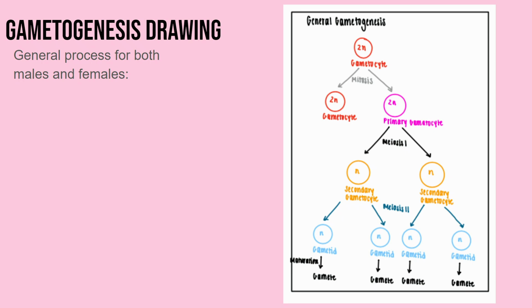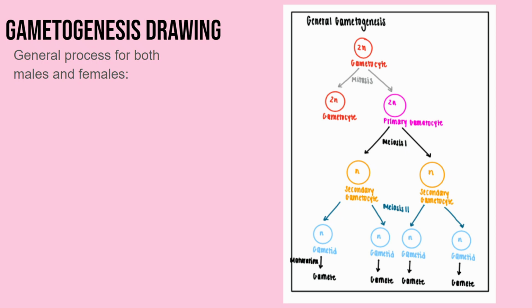Something important to note there is meiosis 1 is when we go from diploid to haploid. So now the secondary gametocytes have half the number of chromosomes, and then both of those go through meiosis 2 into the gametid, and those are all haploid. And then those mature into the gamete, which is either the egg or the sperm.